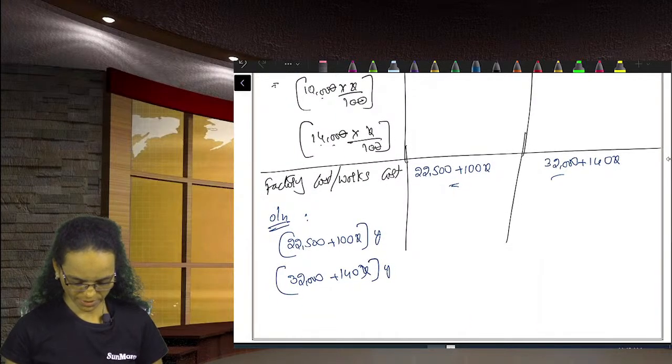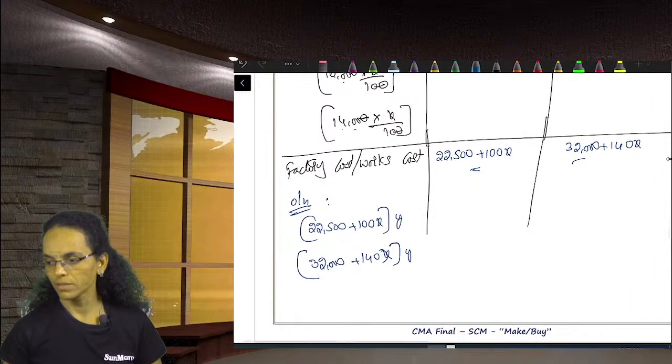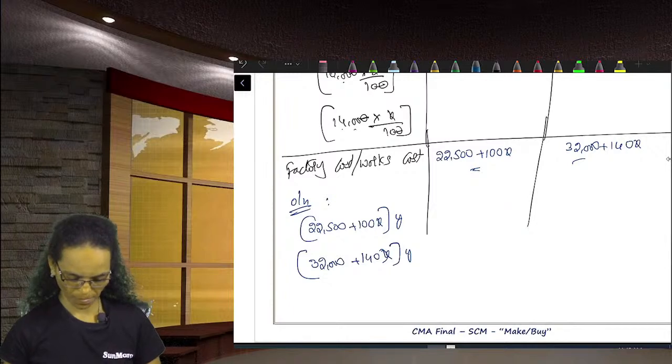So here you write percentage, in the sense divided by 100.